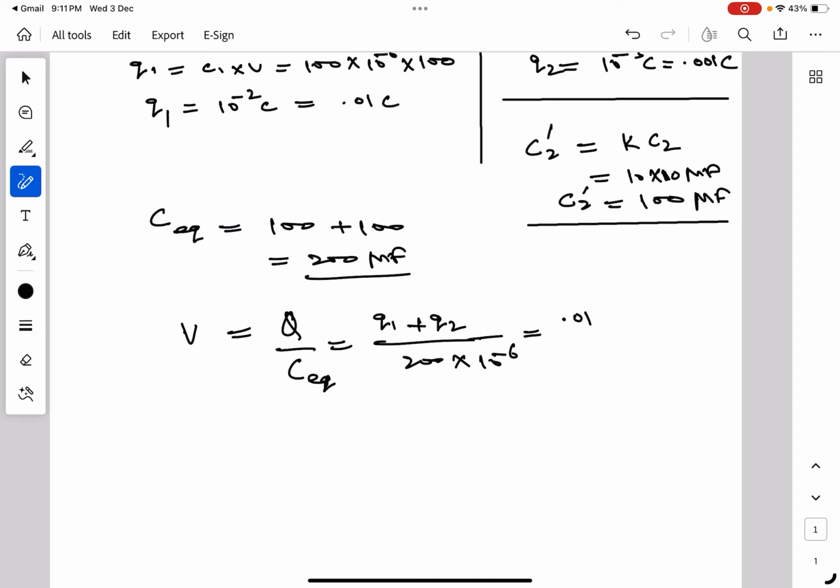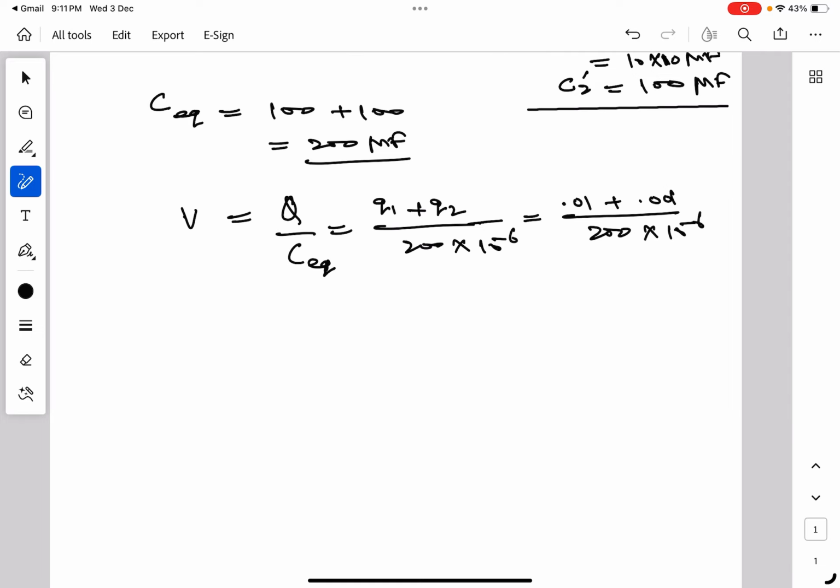Q1 is 0.01 coulomb and Q2 is 0.001 coulomb upon 200 into 10 raised to the power minus 6. This is equal to 0.011 upon 200 into 10 raised to the power minus 6.